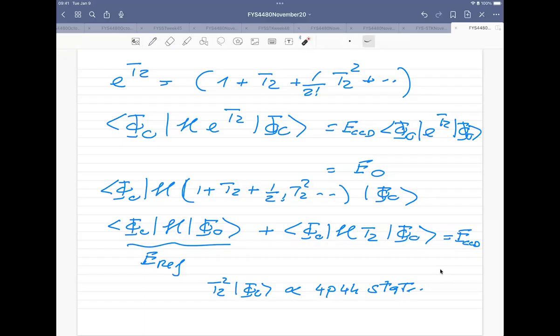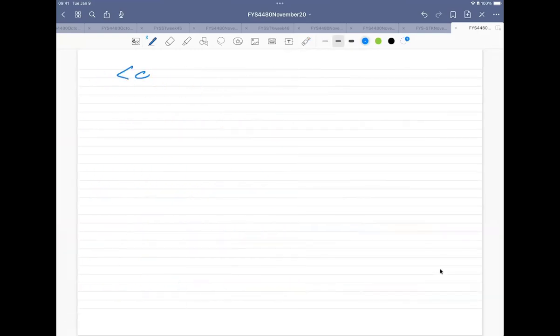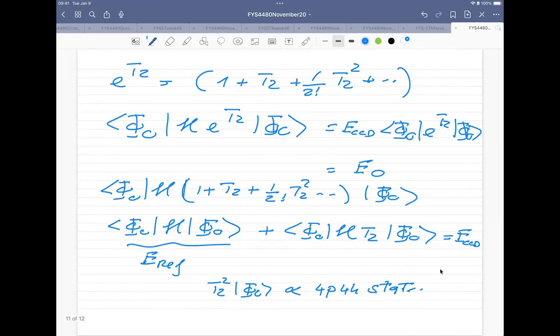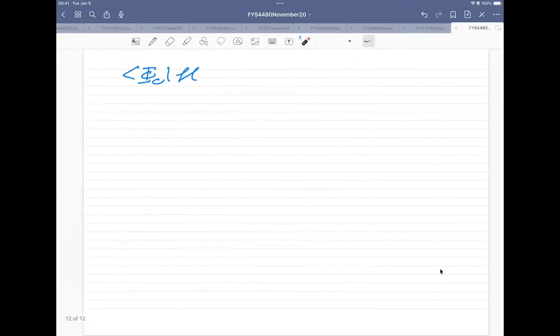So if I then shuffle this one over to the other side, what I'm going to get is the following. I get phi 0, and then I have the Hamiltonian. But now the Hamiltonian, because I've taken out this term, I put this to the other side, so I'm simply left with this term.